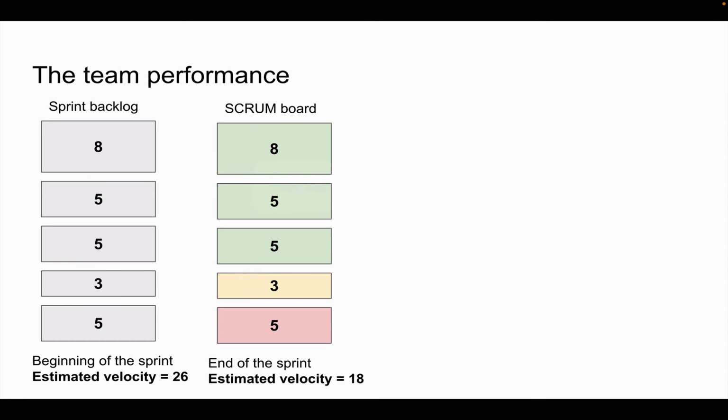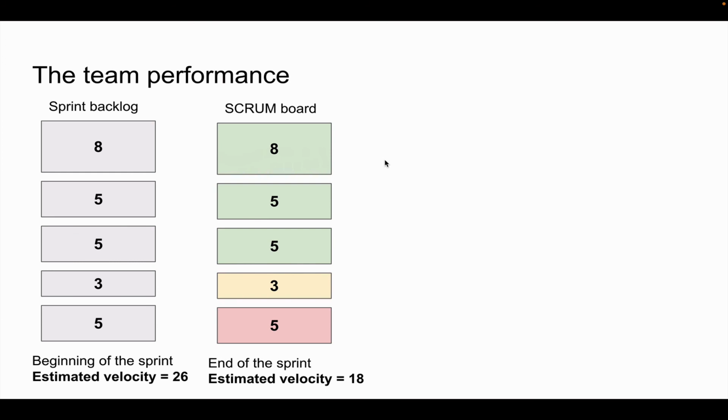So on the sprint backlog, maybe the team has selected the cards on the left hand side before the sprint started, right? And they estimated that they were able to complete all those cards.